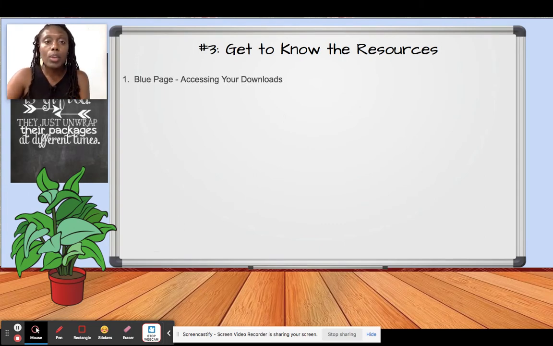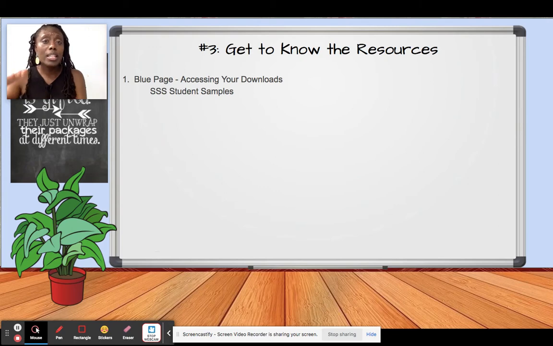So when you open your SSS level curriculum, you will notice that in the teacher guide, there is a blue page, the very first page, and it says accessing your downloads. Here's something that you all receive that is really, really nice. I think it is very helpful that IEW provides this.